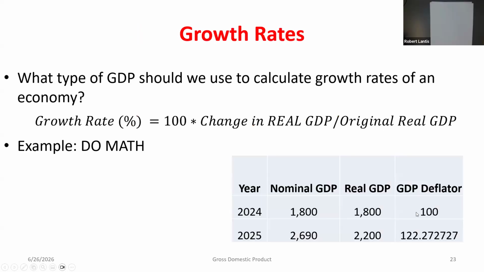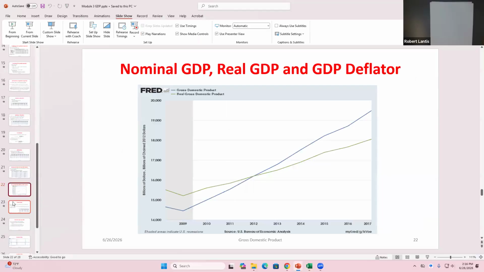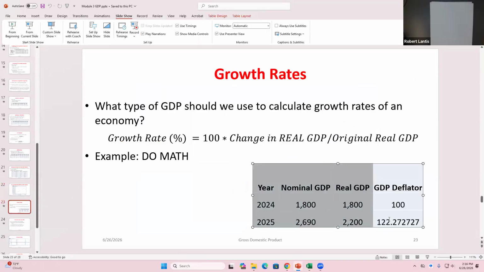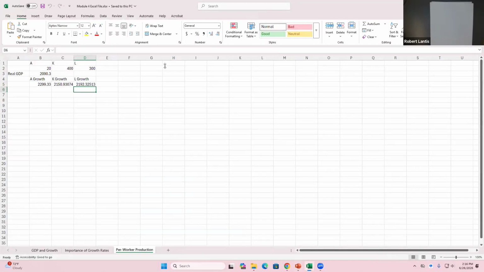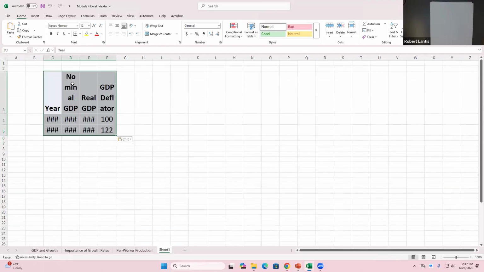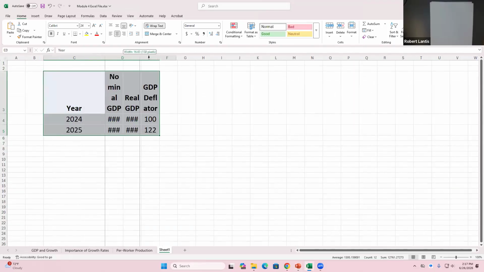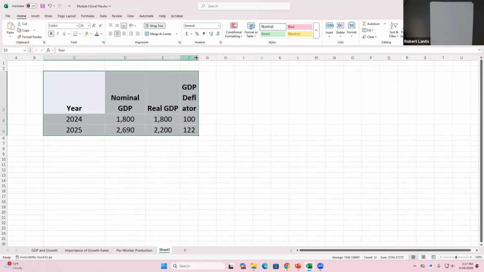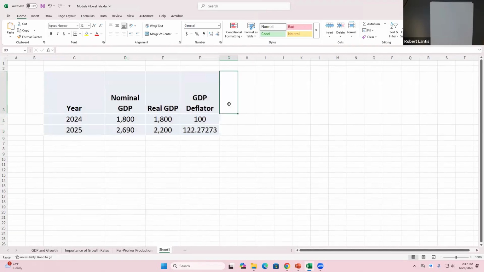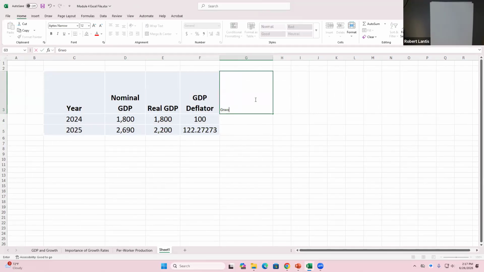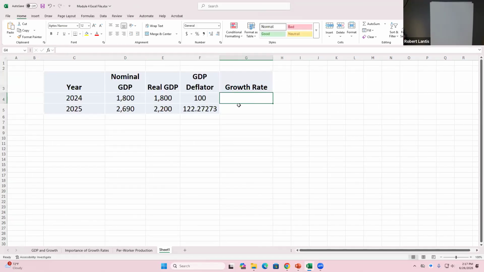So we can look at a table like this, and we can do the math to figure out what our growth rate was. I'll just use Excel to do this math for us. Here was the Excel file we're actually going to use for module 4. We're not using that yet. I'm just going to use this to do our math. If these were my nominal and real GDP values, how would I calculate the growth rate?